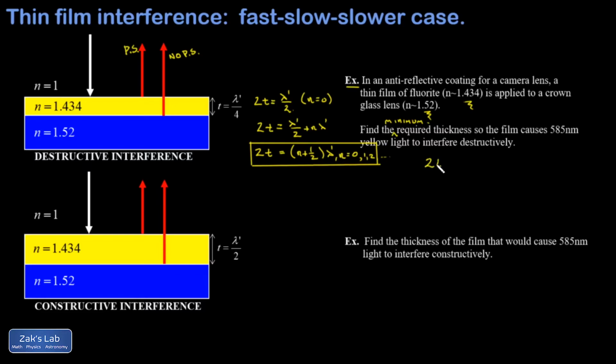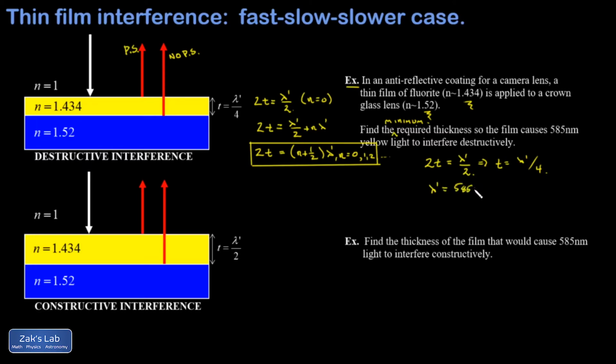It looks just like the picture all the way on the left. Twice the thickness is lambda prime over 2. In other words, the thickness is lambda prime over 4. Again, we have to compute what's the wavelength of the light within the fluorite coating before we can get this done.